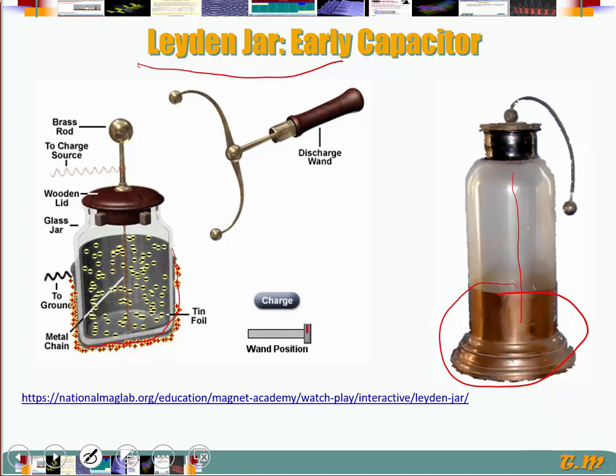We don't see it very well, but that chain is going to carry the negative charge. So negative, positive, that's the early capacitor. That's when people started talking of capacitors.